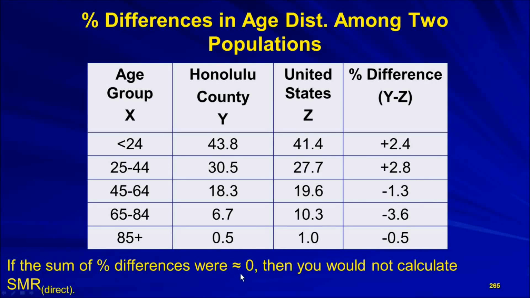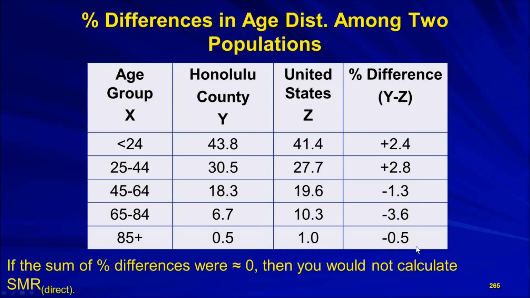Well, I'd probably do it anyway, just because I'm more compulsive and I want to know whether there's anything that's going to change the crude death rate, because that's what we're focusing on, and we're adjusting that crude death rate by the population distribution. But generally, if it's zero all the way through, you would not do it.